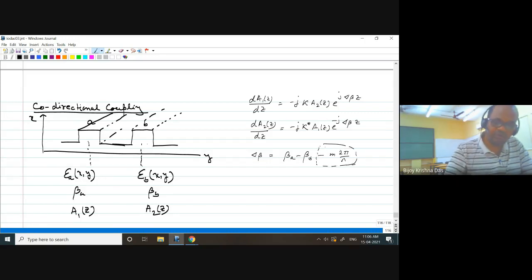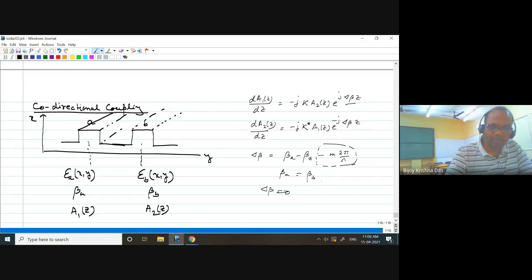So if both the waveguides are identical, then beta A should be equal to beta B for co-propagating waveguides, and then delta beta must be equal to 0. In that case delta beta can be removed, but for a general solution we can keep it as it is. If there is a little variation because of fabrication or intentional design of the dimensions of waveguides A and B, then we just keep it.